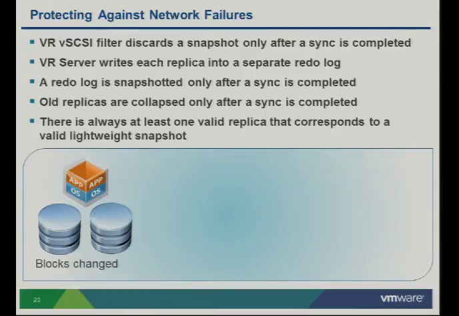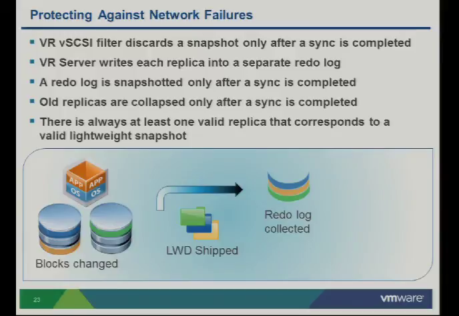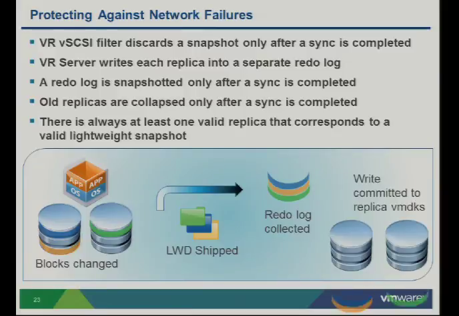So to avoid this kind of behavior, what we actually do is on the recovery side, we snapshot the target VMDK files. And for every sync, we're actually writing to the redo logs on top of the replica. So essentially what happens is, as we gather change blocks, we ship them over the LWD protocol to the recovery side. They get written to the redo log on top of the actual replica.